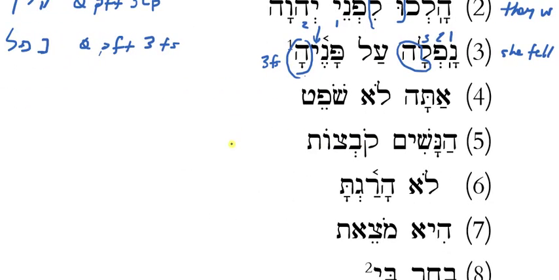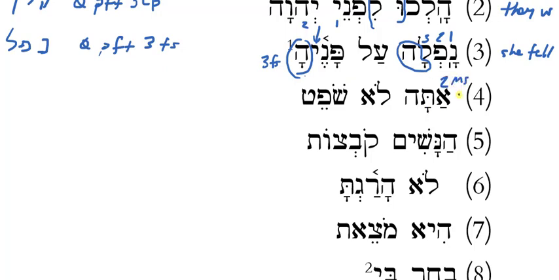Look at number 4. Atah lo shofet. Say that. So, who's atah? That's a pronoun. It's you. So, ani is I, atah is you, and what kind of you? A masculine you or a feminine you? It looks feminine, doesn't it? This is actually a masculine you. At with the silent sheva is the feminine.